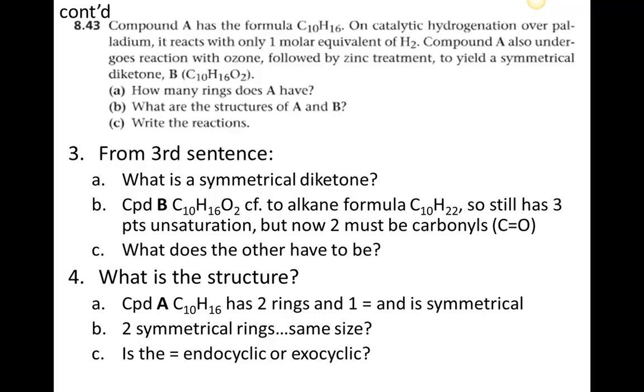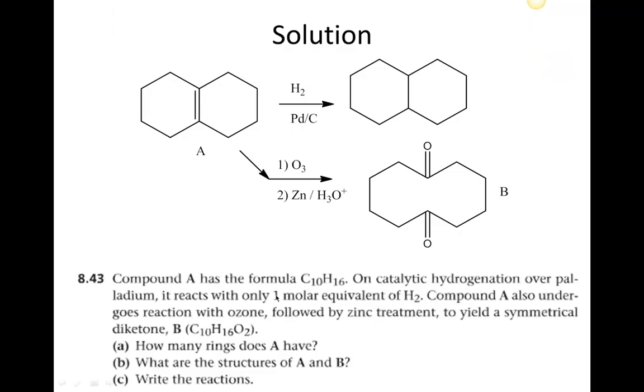And yet, when we do this ozonolysis, we only end up with one product, this compound B, and it still has a ring in it. So what is that telling you? It's telling you that the double bond has to have been endocyclic, but it has to have been between the two rings. So here's what it could be.